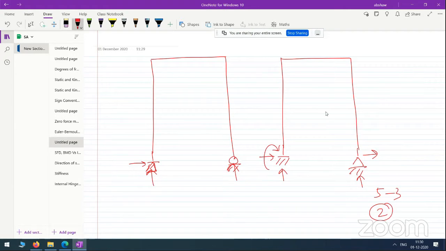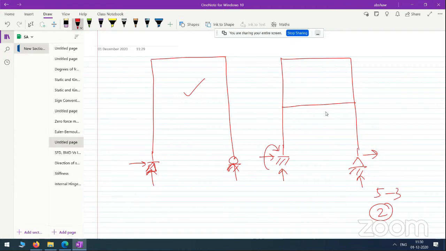Now suppose in the same frame, this frame is stable, but if in the same frame we add one more member like this, then what will happen? Even without this member, the frame is stable. But if we add one member, this means we are adding more unknowns to the system.